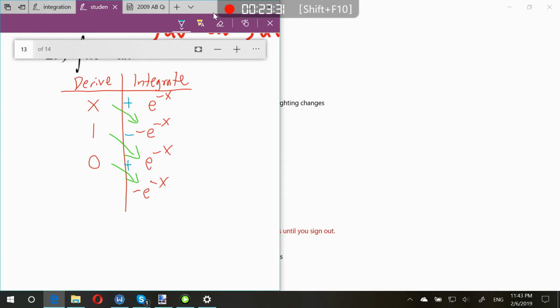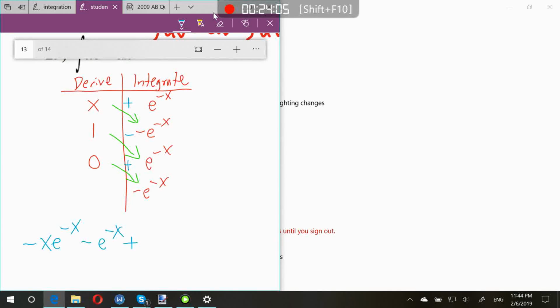So now it's equal to x times negative e to the negative x, and then minus 1 times e to the negative x, and then plus 0, constant.